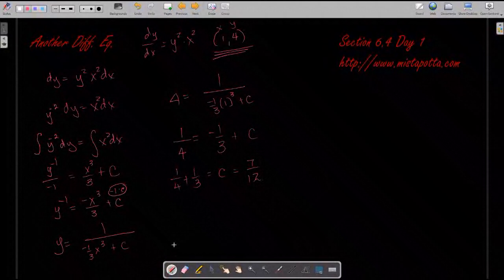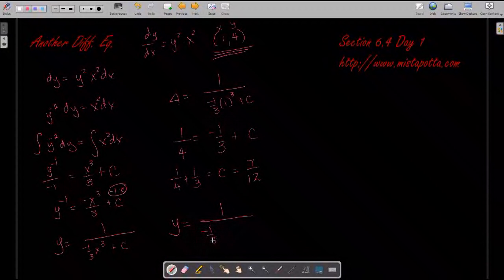And so my differential equation has the solution y equals 1 over -1/3 x cubed plus 7/12.